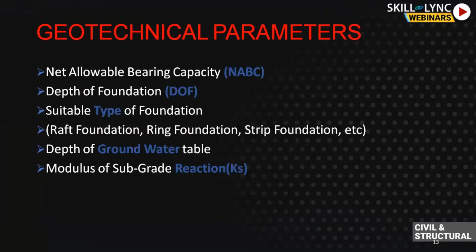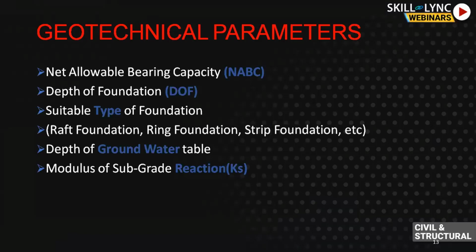You are already putting the self-weight of the structure and the soil weights in your combinations. So instead of net allowable, you should check the value against the gross allowable bearing capacity, so it will be safe. Sometimes if you check with the net allowable bearing capacity, you will be in trouble.